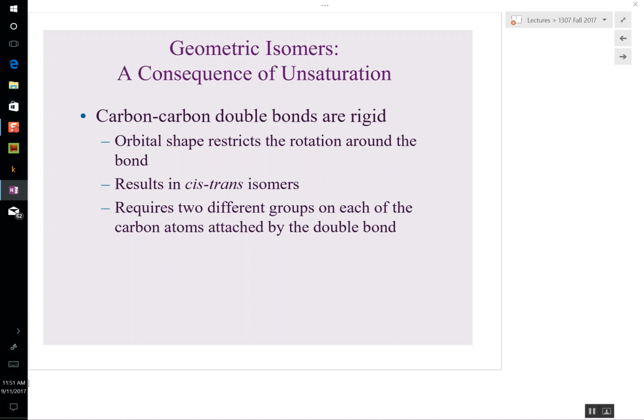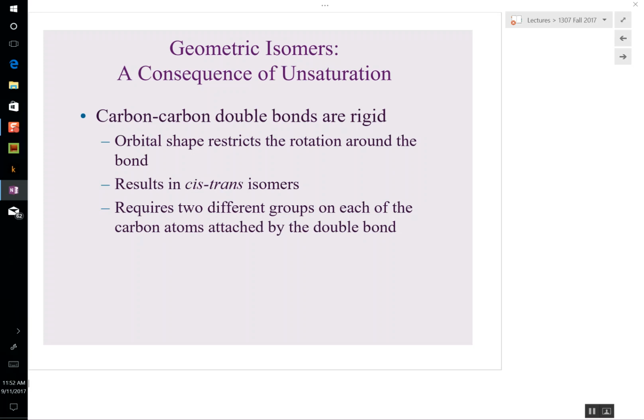And where does the double bond begin? 2-butene. So that's 2-butene. What's the big deal? Name that molecule. 2-butene.